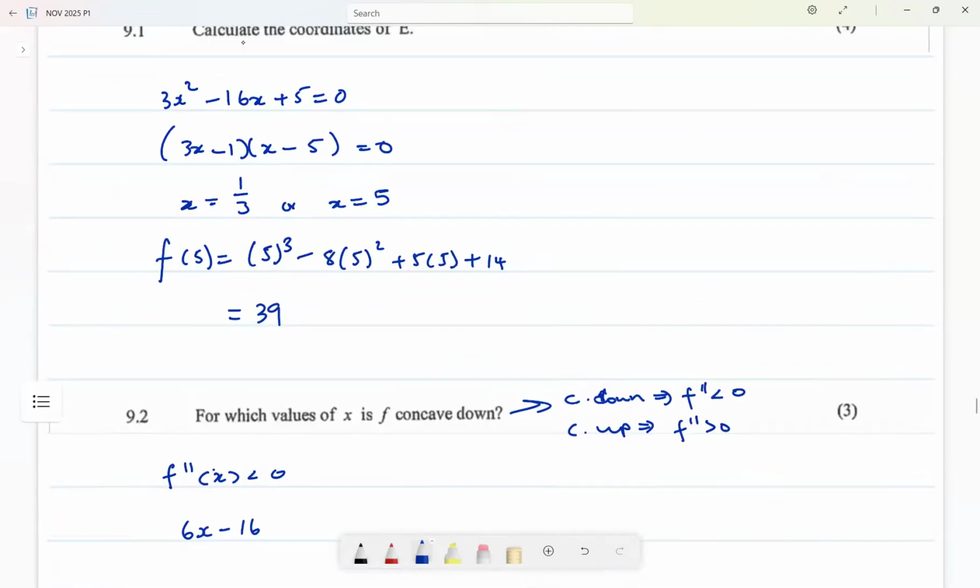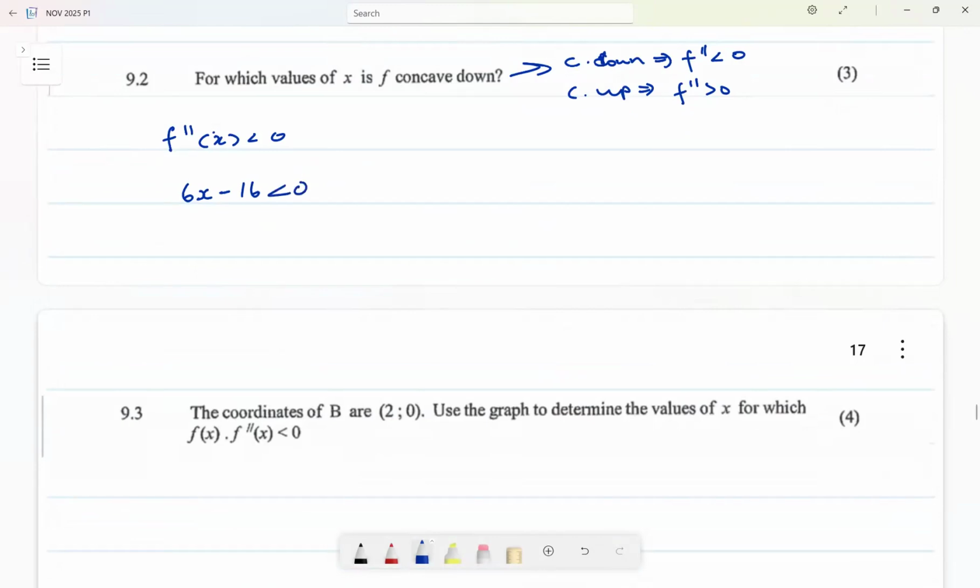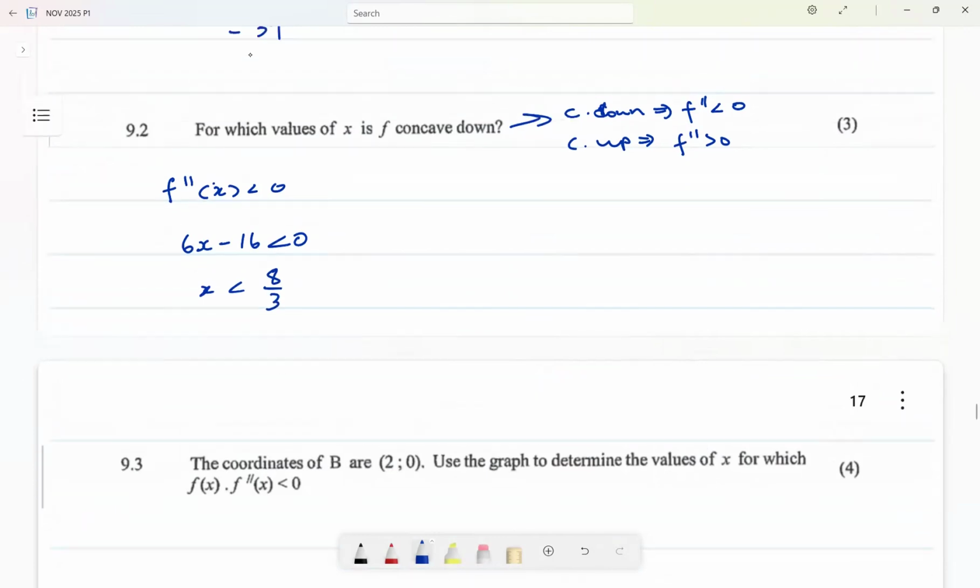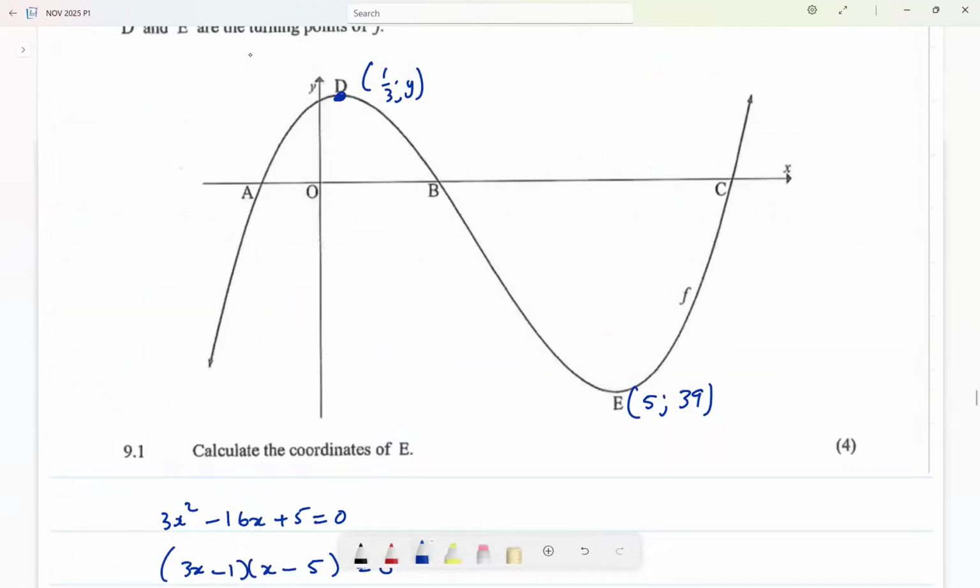Let me just confirm, 6x − 16 should be less than 0. And then x should be less than 16/6, which is 8/3. Let's see, 8/3 is approximately 2.667. So it's somewhere here. Let me write it as 8/3, and whatever that respective y value.